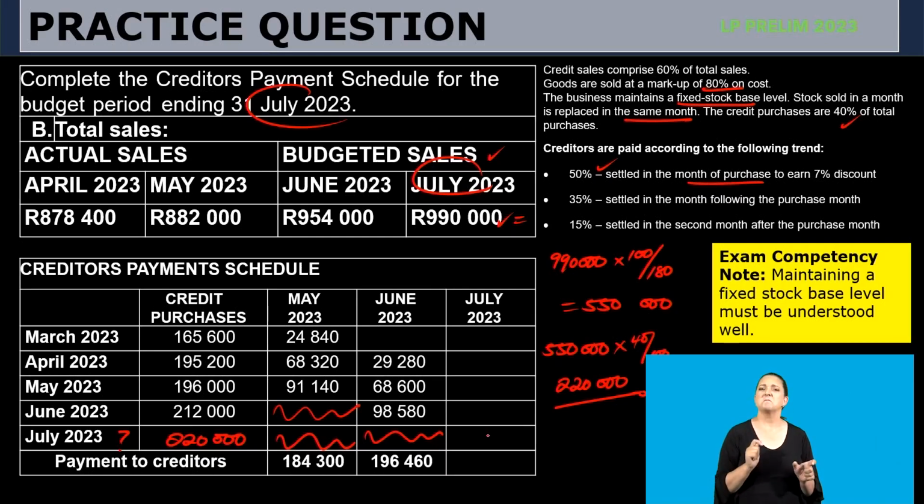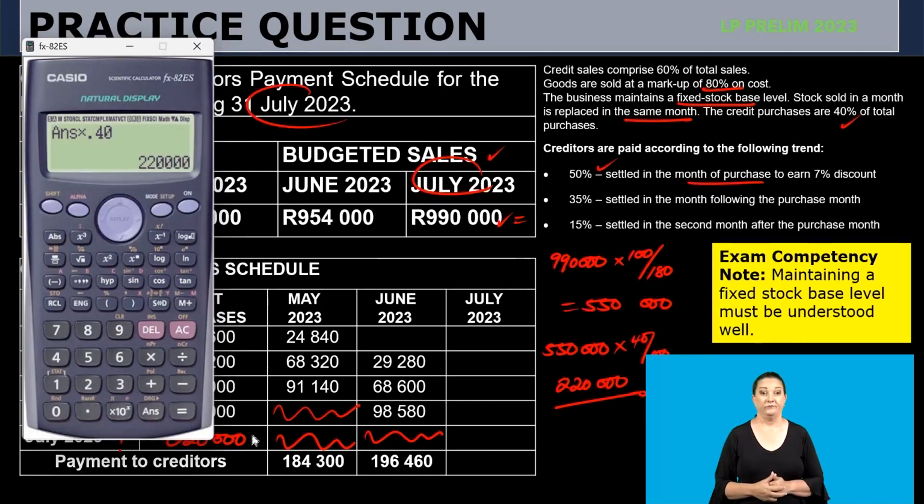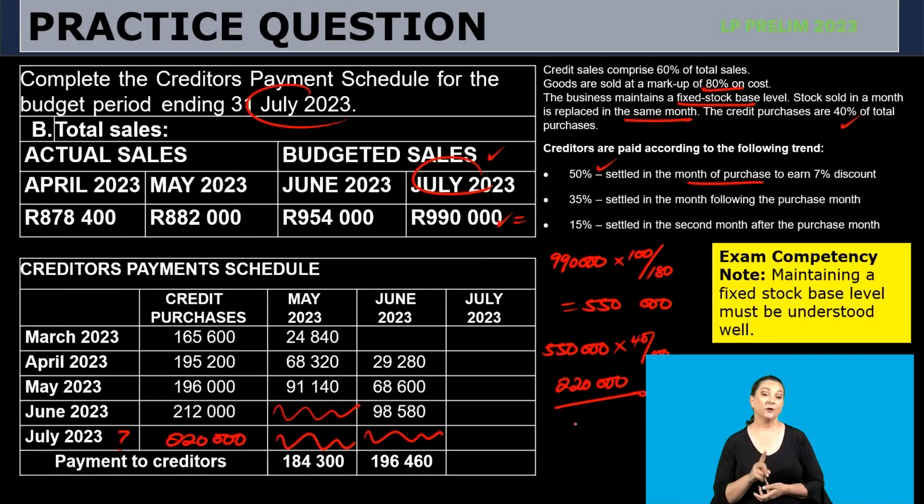50% in that month. So I'll come here, then I'll now say, of the 220,000, I'm going to pay 50%, multiply by 50%. That's going to give me 110,000. But I will receive a discount of 7%. That means I'm going to pay 93%.